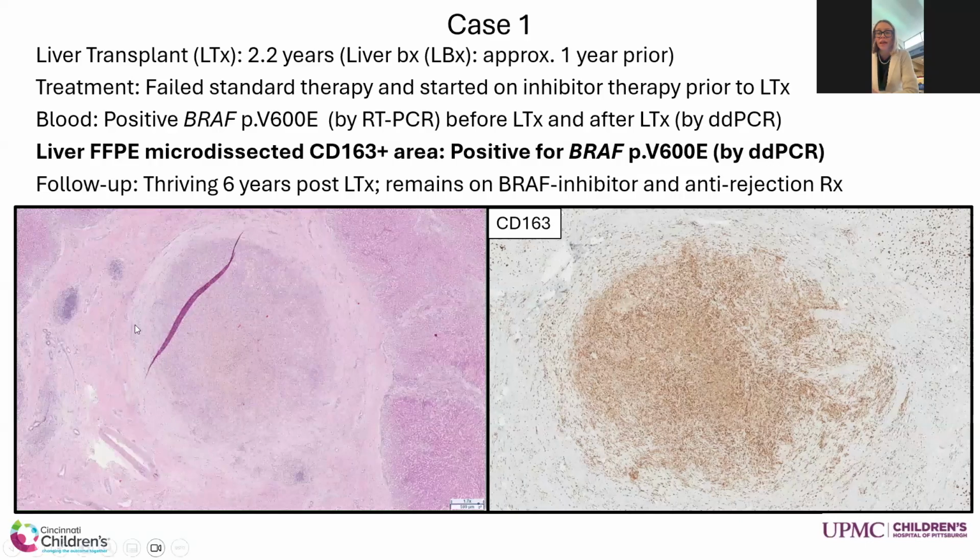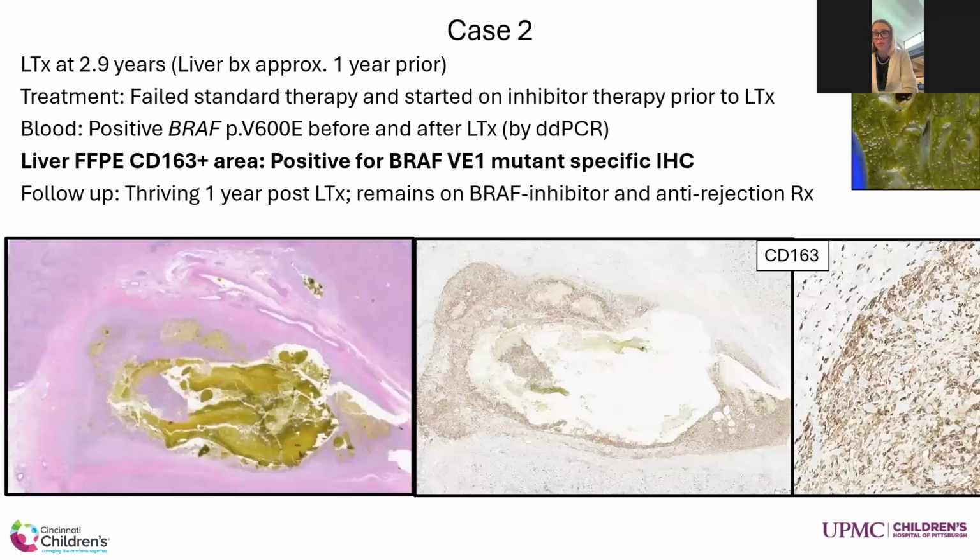And it was interesting, and as I had alluded to, the large bile ducts were obstructed by this macrophage-rich population, and we carefully microdissected out this area, which was also positive for BRAF V600E. Six years post-transplant, the child is doing well and thriving, but does remain on both the BRAF inhibitor and his immunosuppression for the liver transplant.